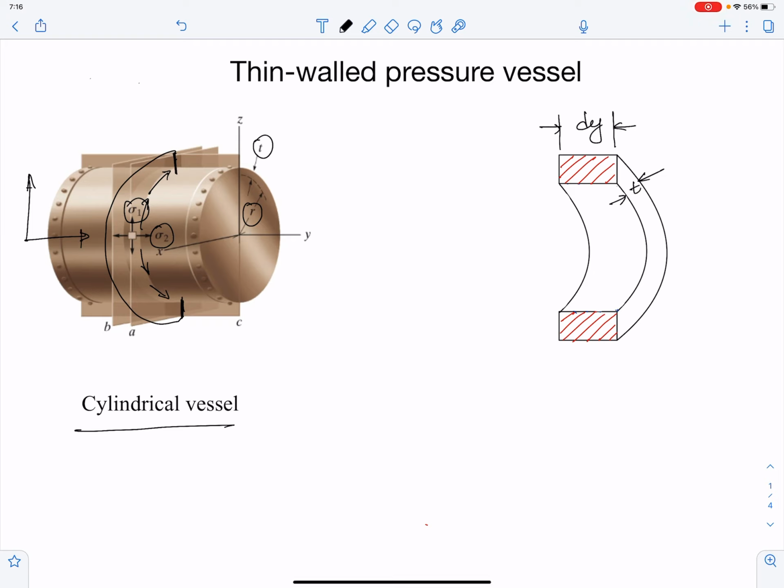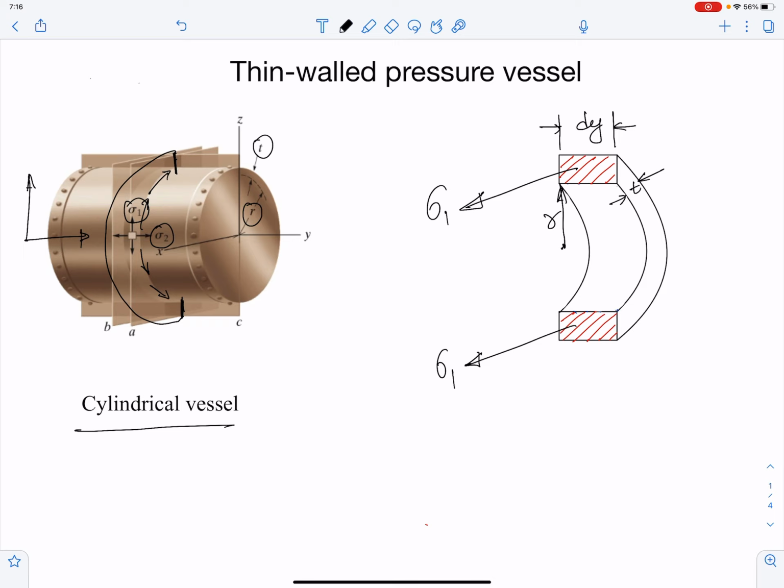The radius of this cylinder, the inner radius, is r. Now we can see that sigma 1 is developed on this face and this face. So this is sigma 1 and sigma 1.